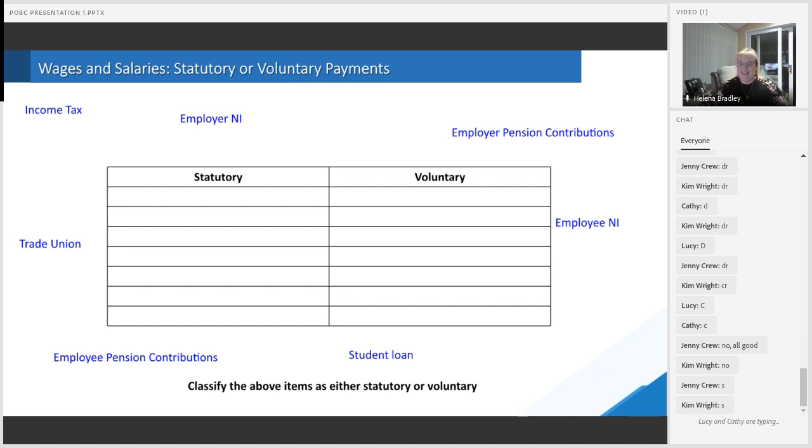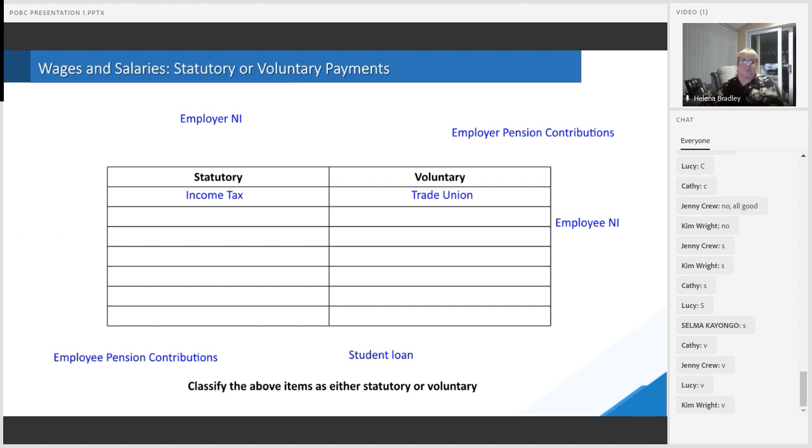Is that an S? Is it statutory? It certainly is, absolutely. We don't have a choice on that one. What about our trade union? Absolutely, well done. What about the employee pension contributions? Do we have to, or can we opt in?